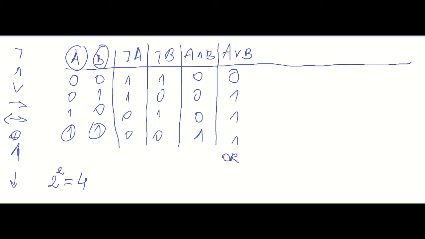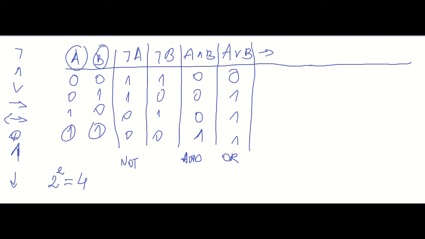We can call it OR, and conjunction stands for operator AND. You can call it AND. And negation is also known as NOT.